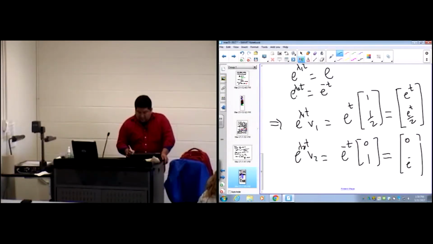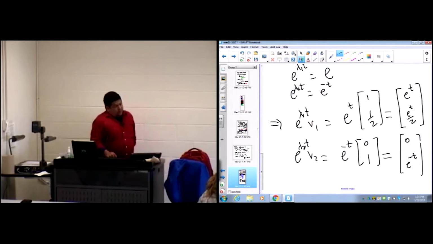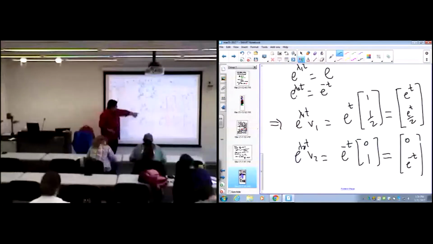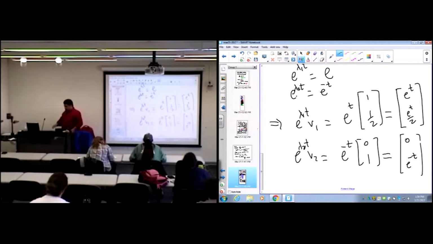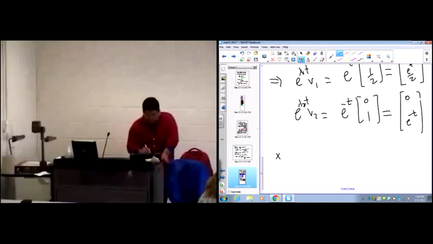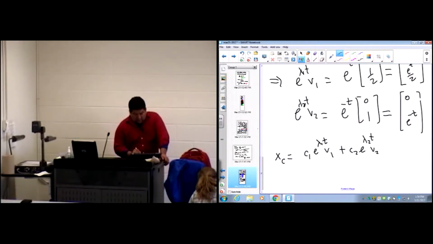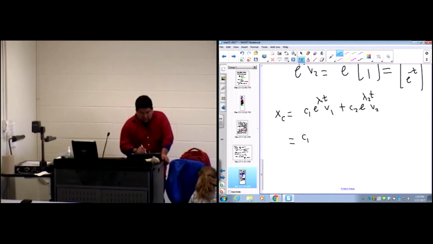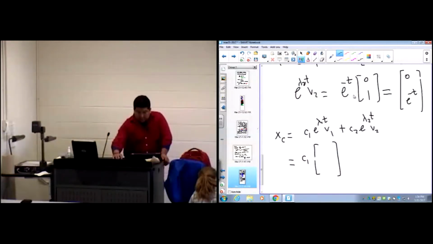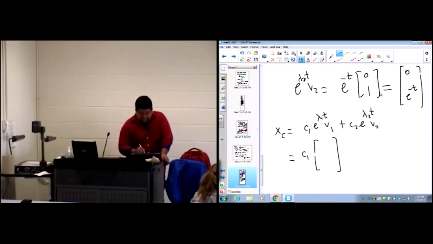So the solution that we're going after, the so-called x sub c, is something that looks like c1 e to the lambda 1t v1 plus c2 e to the lambda 2t v2, or otherwise c1 times this vector, e^t over 2, plus c2 times this other vector with entries 0, e to the minus t.